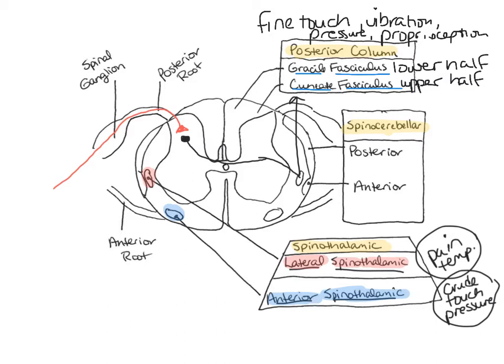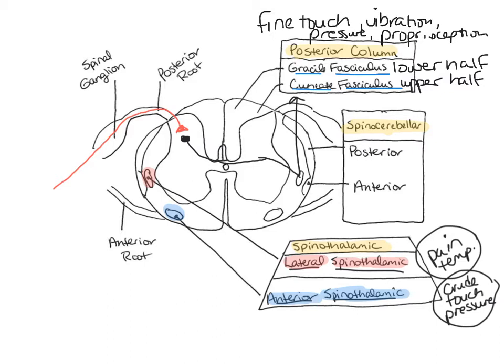When we look at the next slide, we're going to see the whole tract. And those are the ones that you have to be able to identify for the lab exam, right?